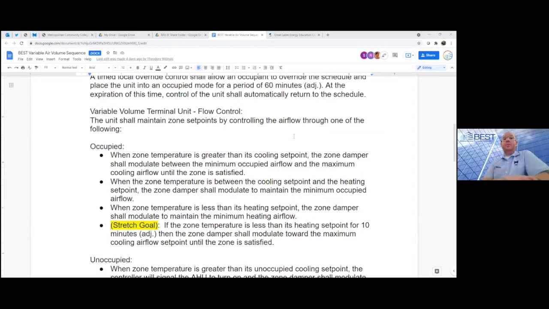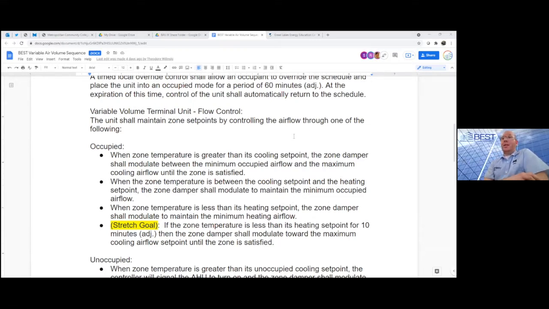Variable volume terminal unit flow control. Okay, so this is how we're going to control our airflow and therefore our damper. When zone temperature is greater than the cooling set point, basically we need to cool. We are going to modulate our control damper to change our airflow, moving towards our maximum airflow from our minimum airflow.